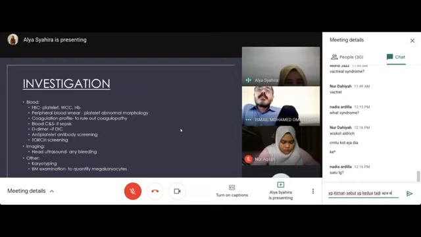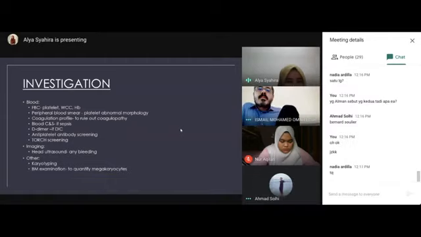And also bone marrow examination, if we suspect the cause is bone marrow failure, so we want to quantify the megakaryocytes. If the megakaryocyte amount is few, it indicates platelet production is low. If the megakaryocyte is high, it means the problem is peripheral, meaning the cause is platelet destruction.